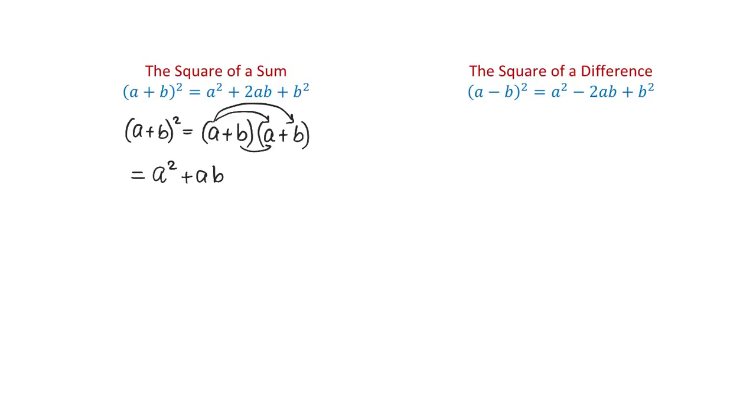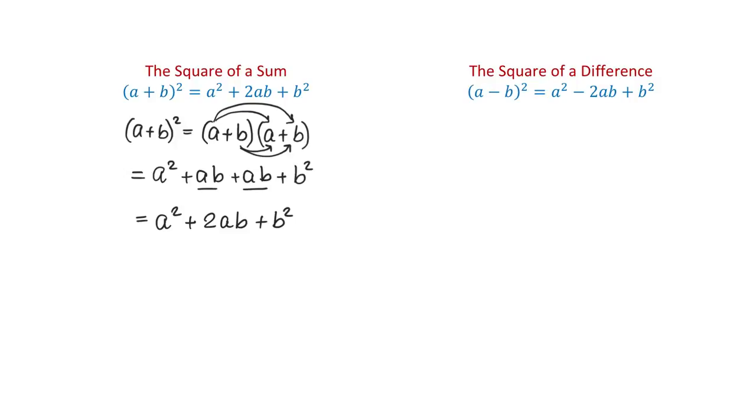B times a is another ab. And b times b is b squared. The two middle like terms we combine and we get a squared plus 2ab plus b squared. So as we see, truly (a + b)² equals a² + 2ab + b².